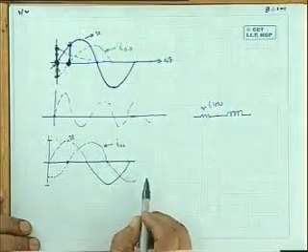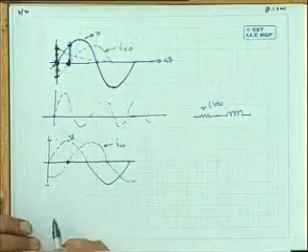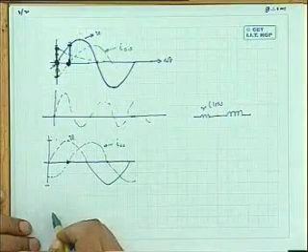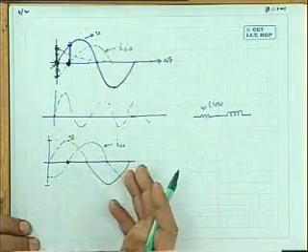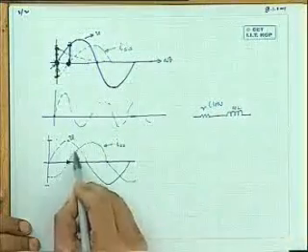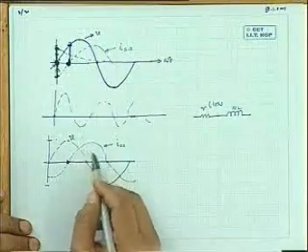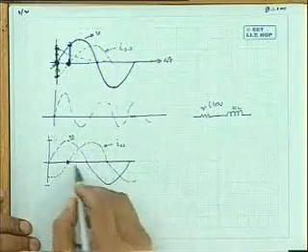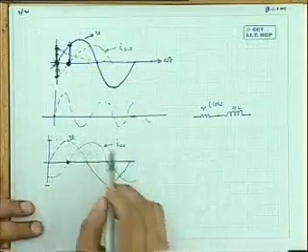Obviously, if the circuit is closed at this point, what will be the current response? It will be I max by omega L, because R is suppose negligibly small, into sine of omega t minus 90 degrees, and the circuit will go straight away to the steady state condition.